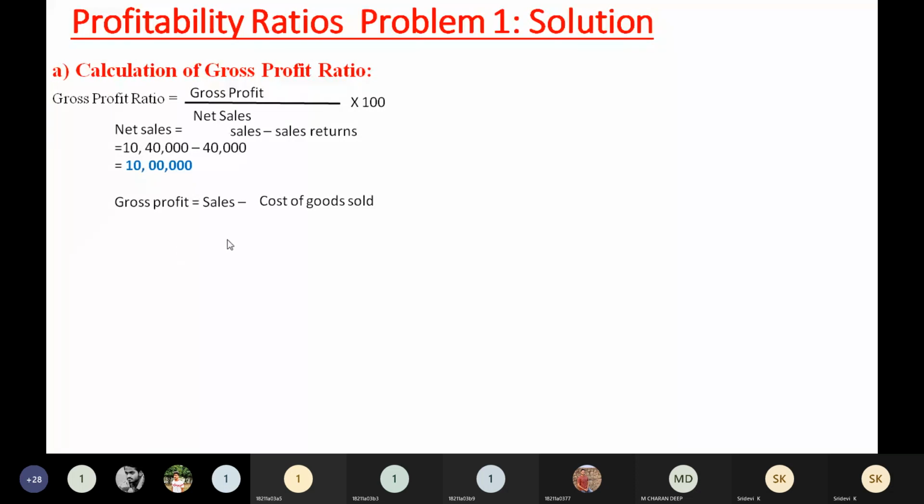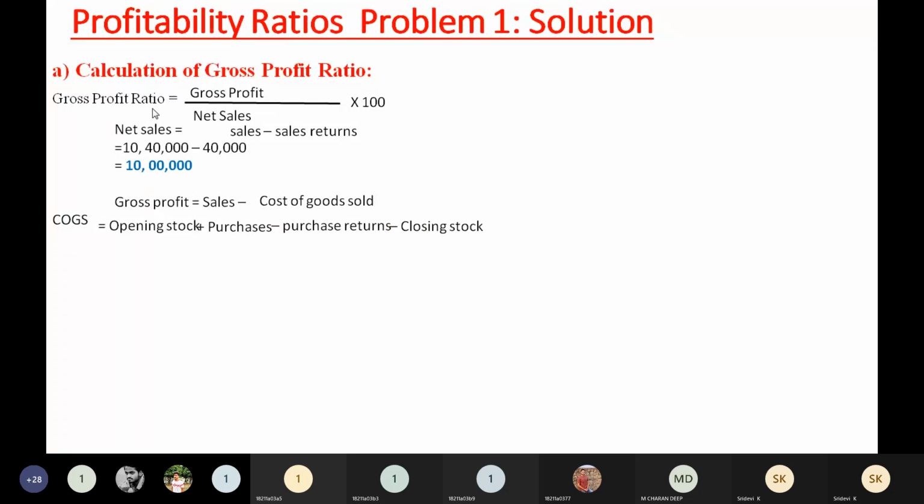So how are we going to get this cost of goods sold? I am giving it here in short as COGS, instead of the full length cost of goods sold. It is nothing but cost of goods sold. This is calculated using this formula: opening stock plus purchases minus purchase returns minus closing stock.